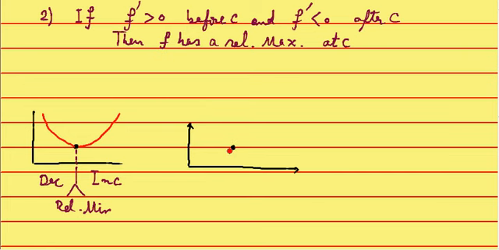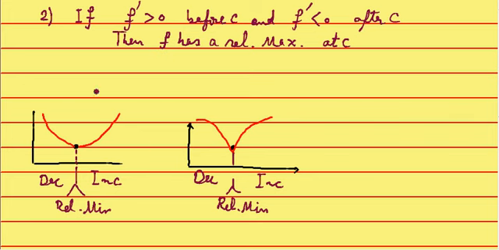That is, the function was decreasing and then at this point started to increase, but at the point itself the derivative doesn't exist. We still have a decreasing behavior on the left, increasing behavior on the right, and at that point we have still a relative minimum.